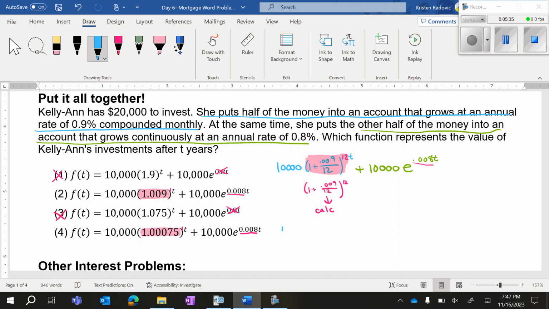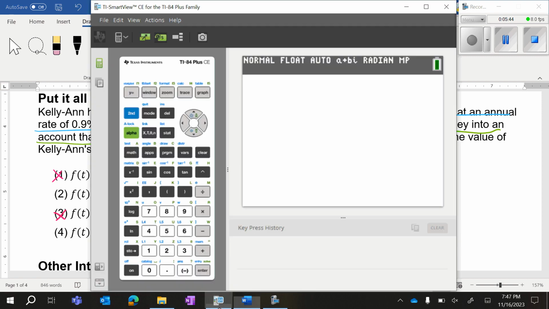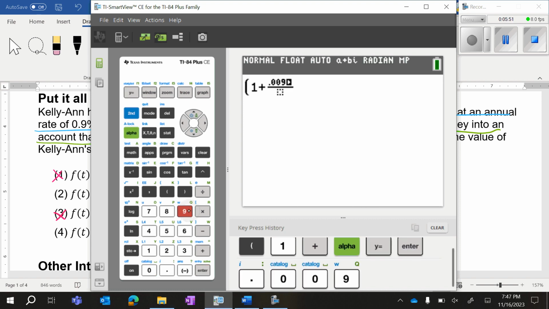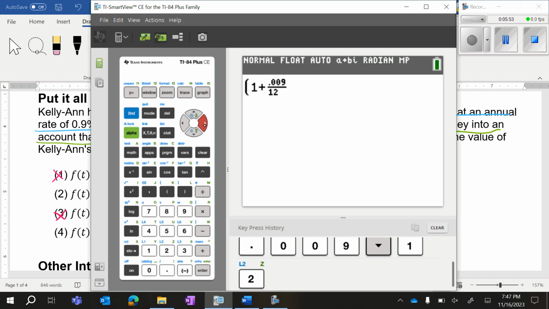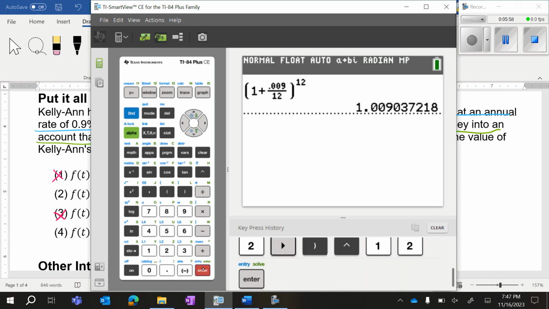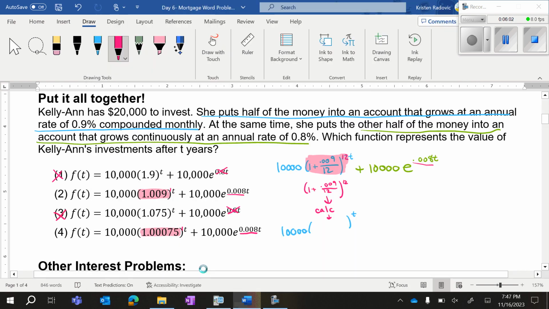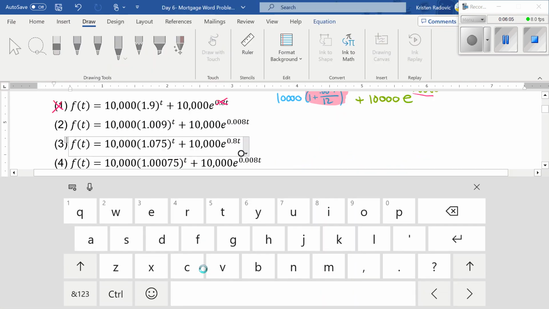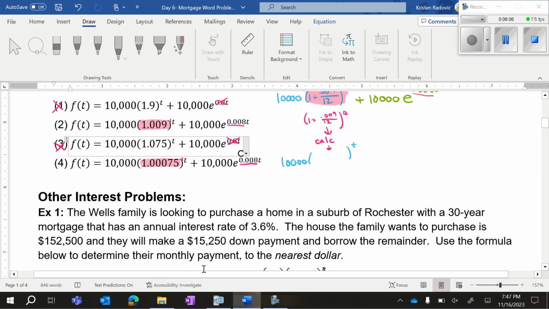So we have parentheses 1 plus 0.009 over 12, and on the outside, put an exponent of 12, and you get 1.009 and more digits.